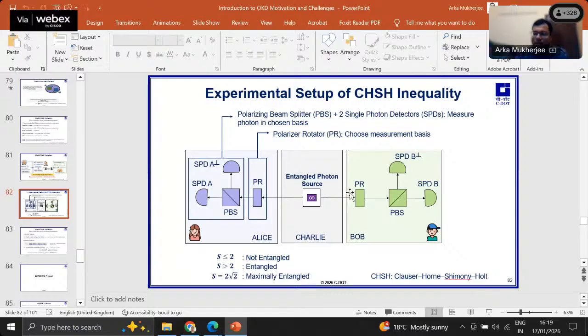In type 2 SPDC, if one particle is H, the other particle will be V. If one particle is V, the other particle will be H. So HV plus VH type of entangled particles will be generated in type 2 SPDC. You can search that type 2 SPDC is a very common method for generating polarization entangled sources.